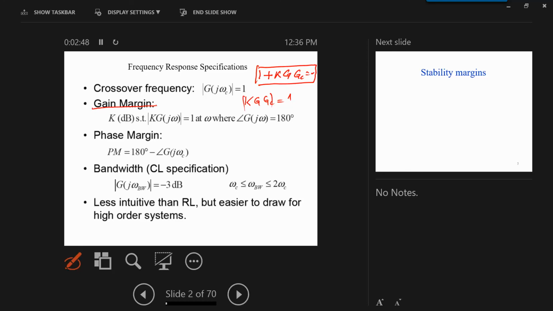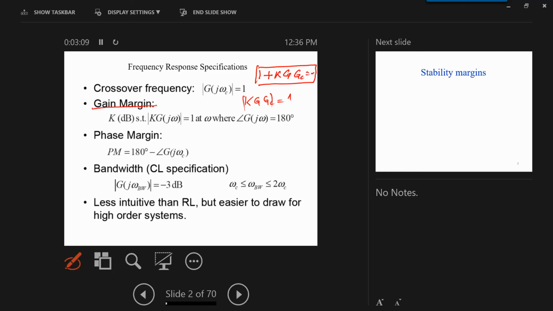The value of K that makes the magnitude of K G Gc equal 1 is the gain margin, where the phase angle is minus 180 degrees.